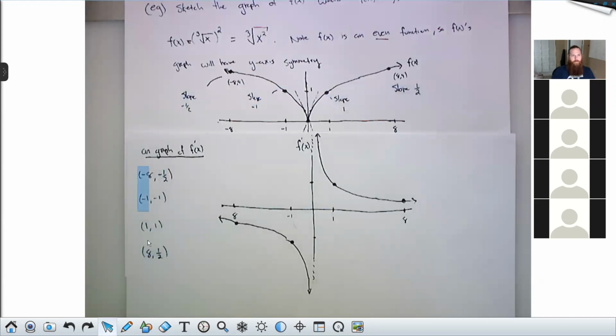The x values from these points are the x values of the points I started with. And then the y values of these points are the slopes of the tangent lines, because that's what the derivative returns, remember, is always the slope of the tangent line.